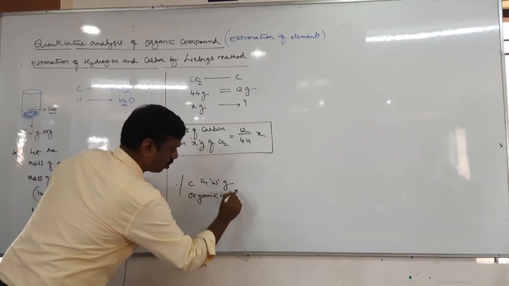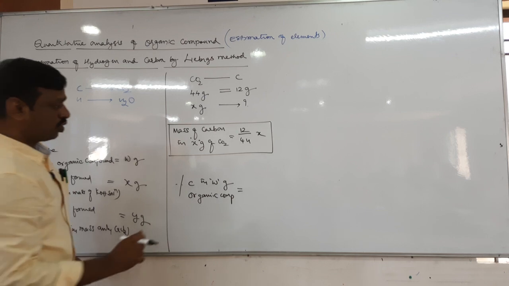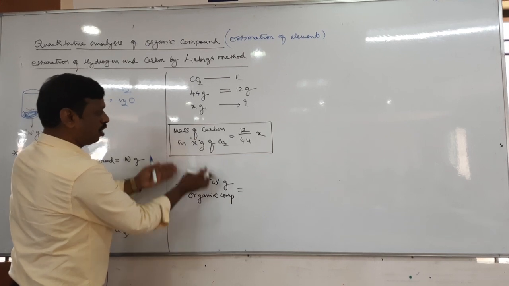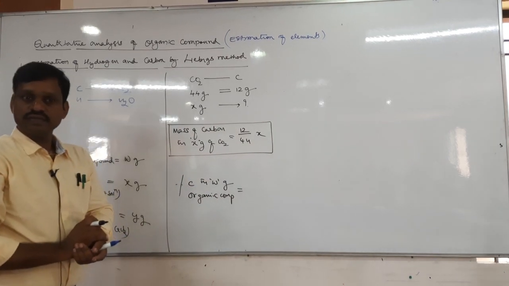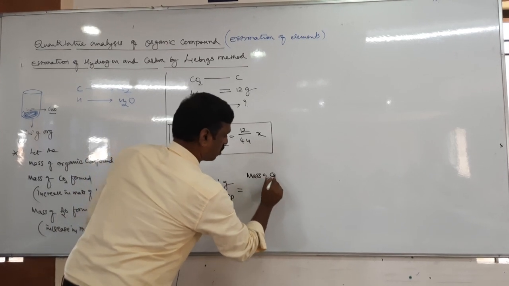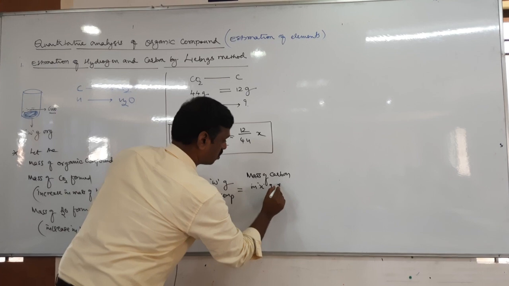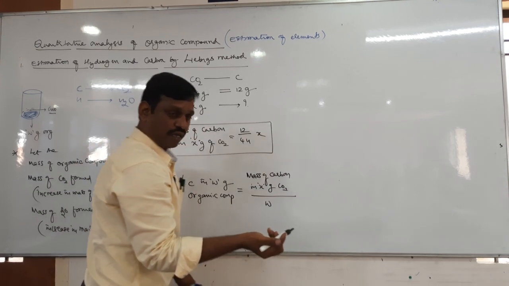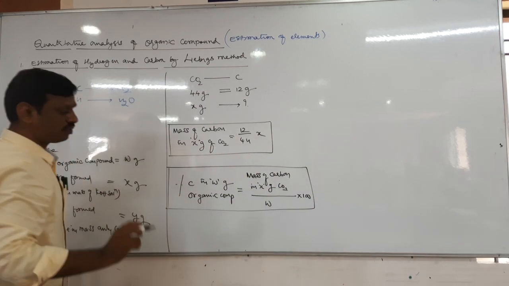Percentage of carbon in W gram of organic compound equals the mass of the carbon in x gram of CO2 divided by W, the mass of the organic compound, into 100, since it is a percentage.